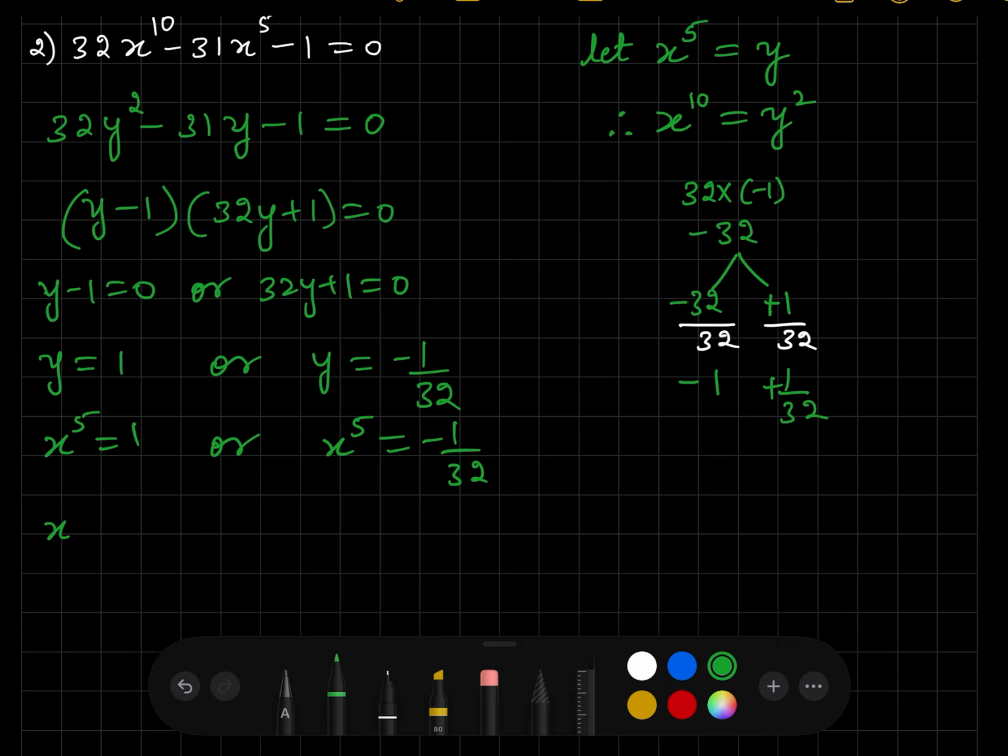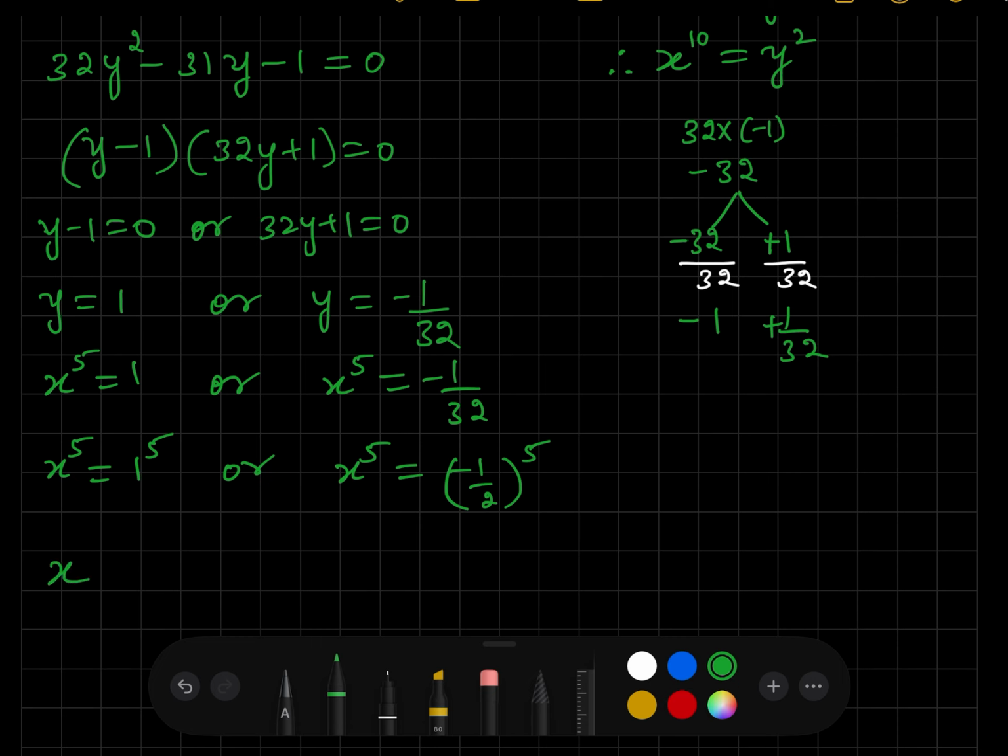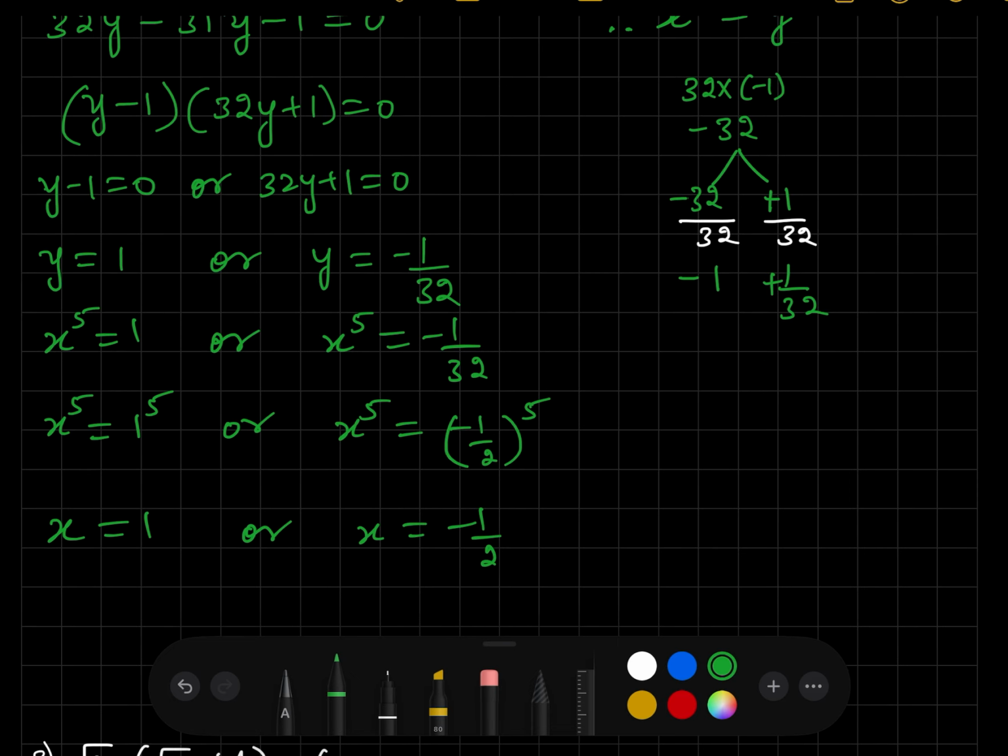So here I can say x raised to 5 is 1 raised to 5, or x raised to 5 is, this can be written as negative 1 by 2 raised to the power 5. So our x is either 1 or x is equal to negative 1 over 2. Easy?